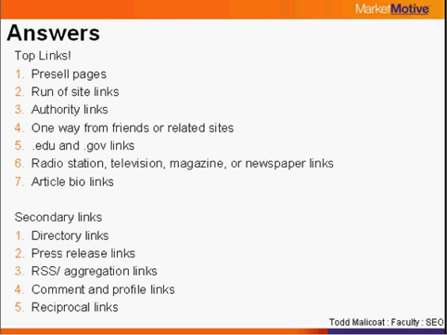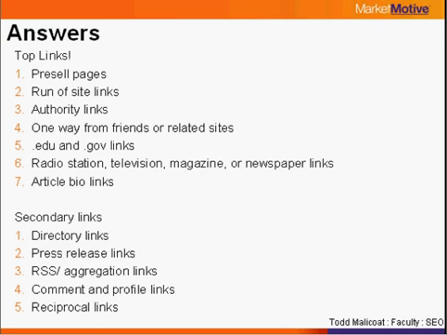So the answers: pre-sale pages are probably the strongest, most effective types of links. If you have too many of them, you're going to hurt yourself because you're going to rank too well. A manual review is going to come along, and you're probably going to get banned because they're not looked upon that greatly unless they are legitimate, unless they look really truly legitimate. So they really need to be legitimate. Run of site links are right up there on the list.